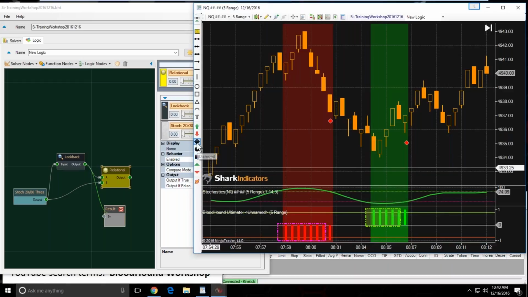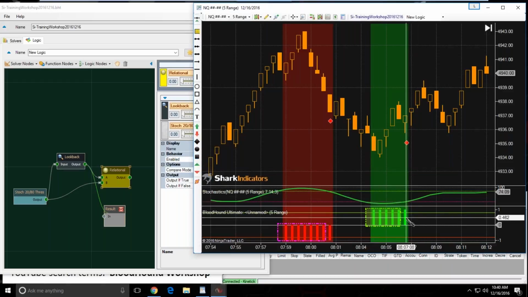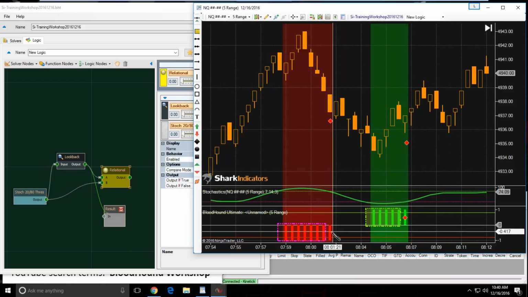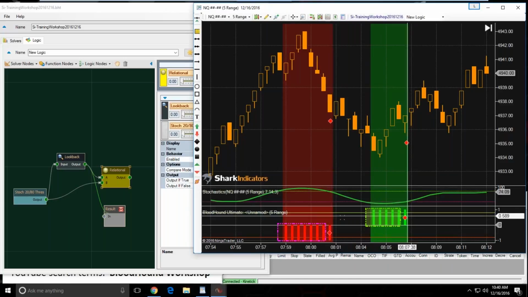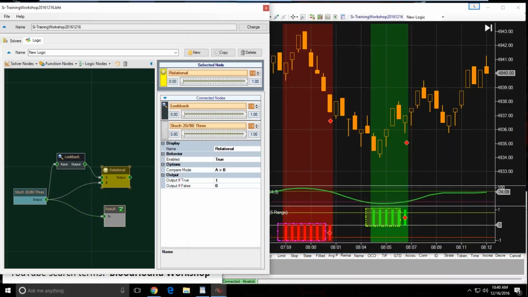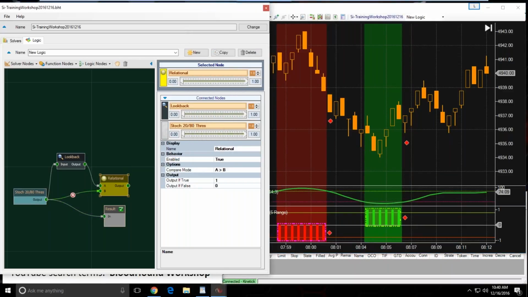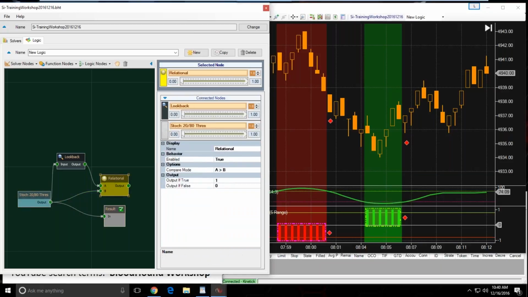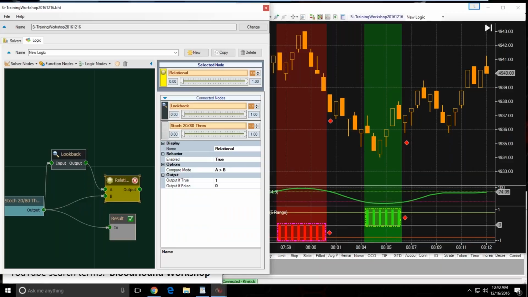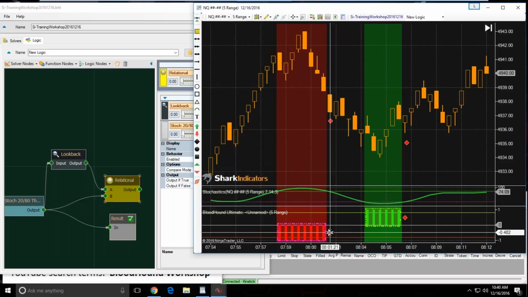Just a moment, let me actually mark this. So that's the output for A. And then let's look at the output for B. All right, so this is connected into B for our ratio node. And we can see B has no output, so it has a value of 0.